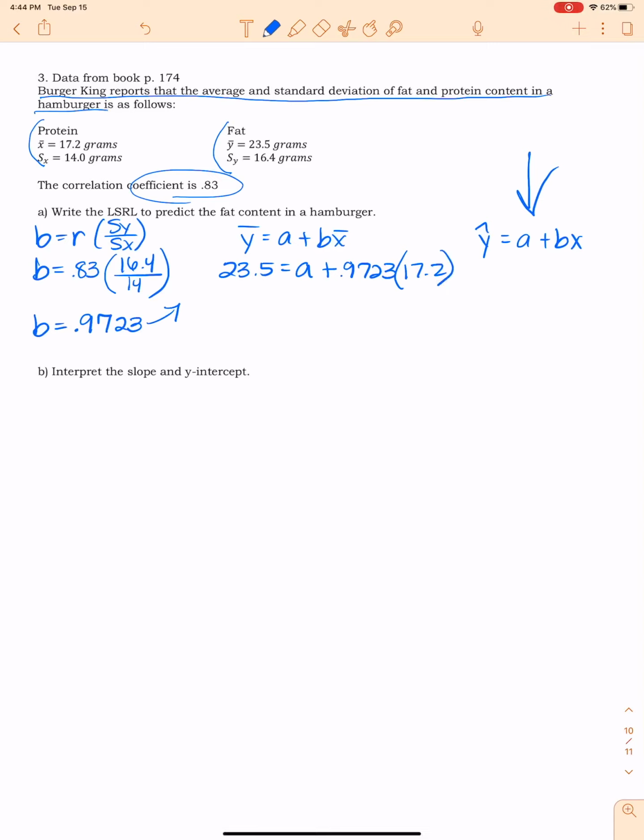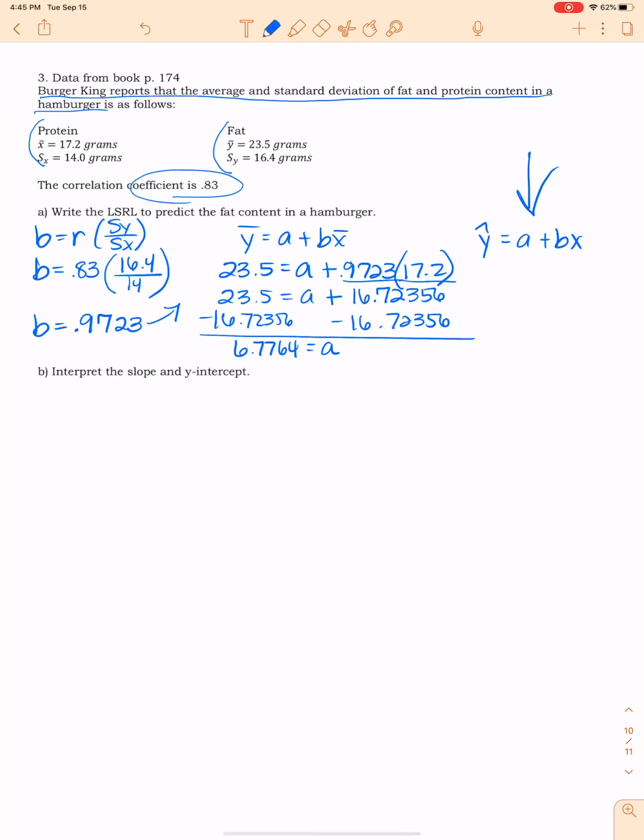All right, so once I do this, I'm going to multiply 0.9723 times 17.2, and I get another obnoxious decimal. And then, of course, I'm going to solve for A. And for A, I end up with 6.7764.